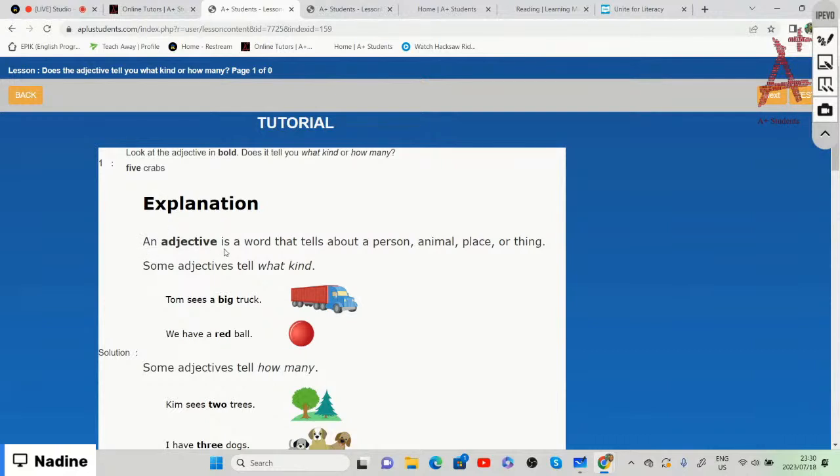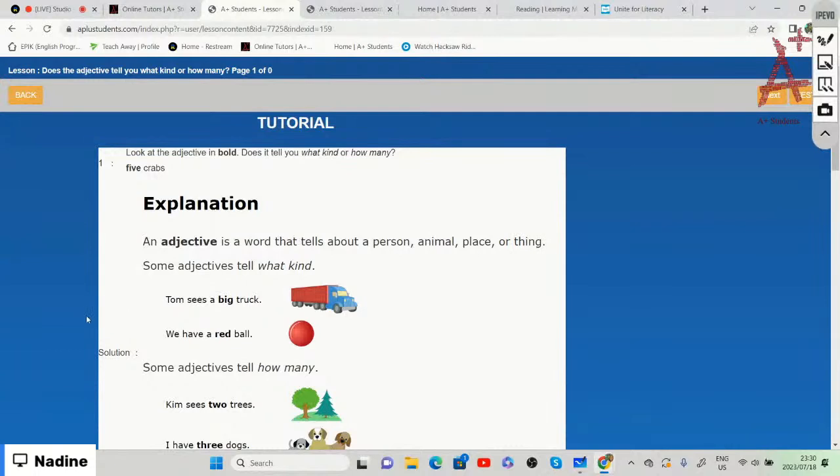An adjective is a word that tells us about a person, a place, an animal, or a thing. Some adjectives tell us what kind, and some adjectives tell us how many. How many is the number or the amount of people, animals, places, or things there are.